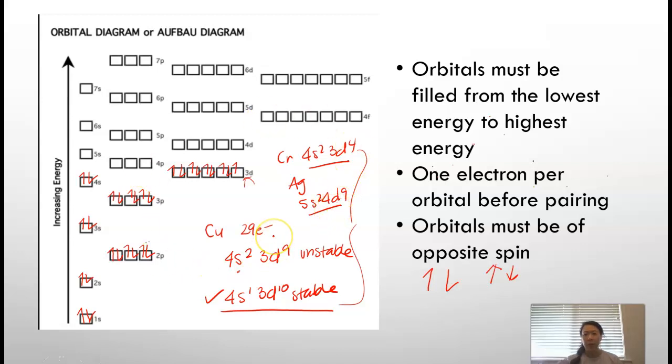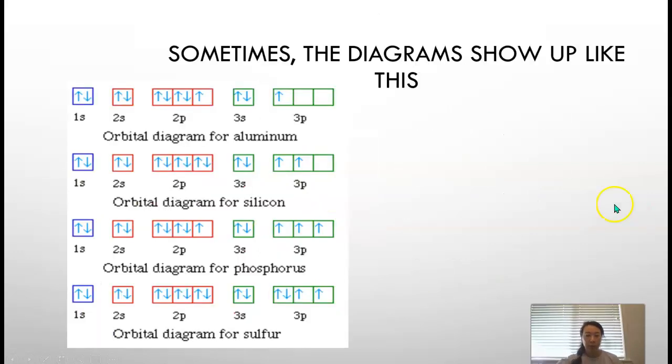So this is how you fill out an Aufbau diagram, or sometimes you'll see it as an orbital diagram. On the AP practice questions and on the AP test, they end up with these. They make it linear for you, so just get used to seeing that, but it's still in order from low energy to high energy.